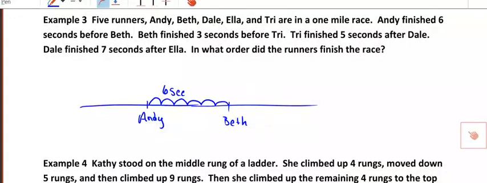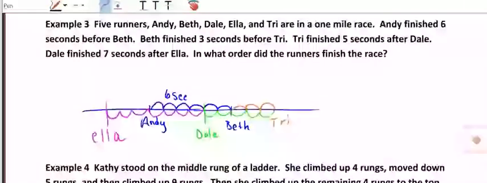Now try to finish it. So did you figure it out? If you started with Beth and went back 6 seconds to Andy, that was a good start. Then Beth finished 3 seconds before Tree, so where you had Beth marked, you need to add 3 seconds for Tree. Then Tree finished 5 seconds after Dale, so I would have to back up 5 seconds from Tree to get me to Dale.